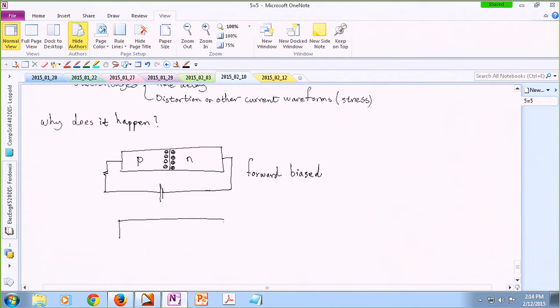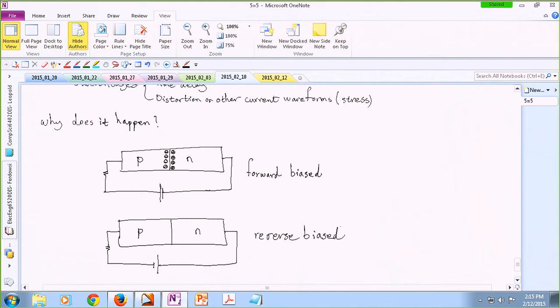Now, after the diode is reverse biased, you should see a structure like this. You should see more of these guys on the left-hand side, and more holes on the right-hand side.